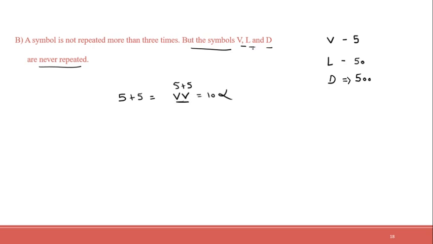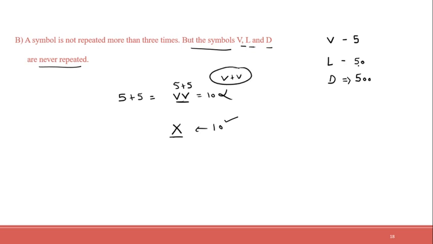But this is wrong because this rule says that these symbols should never be repeated. So what is the way to write 10? As I have already told you, if there is a separate symbol for 10, then why should we add these two, 5 plus 5, like this?